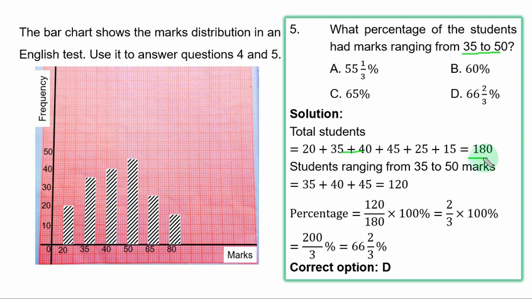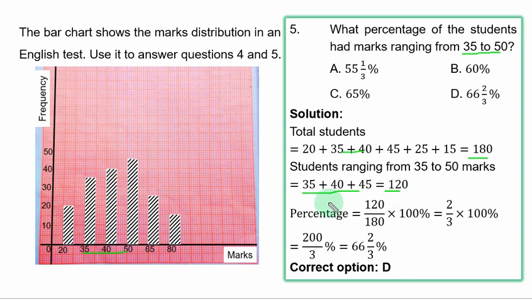Students ranging from 35 to 50 marks. That is from here, 35 to 50 marks, from here to this point. Such students, they are 35 plus 40 plus 45. That is 120.